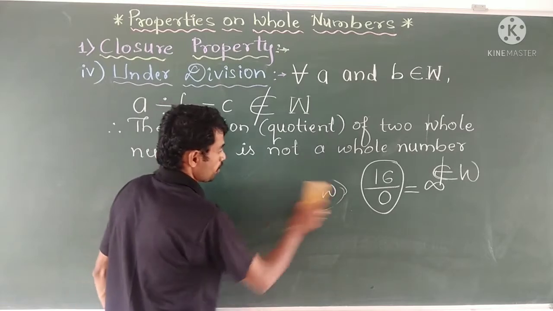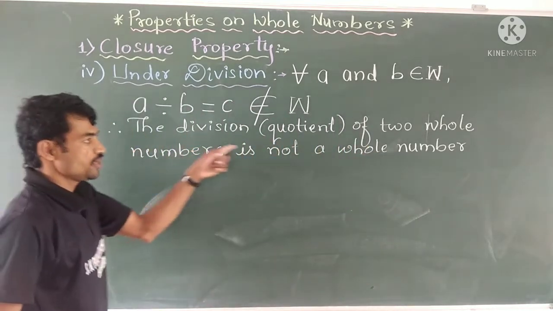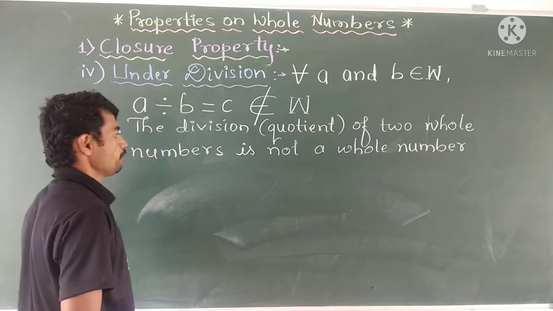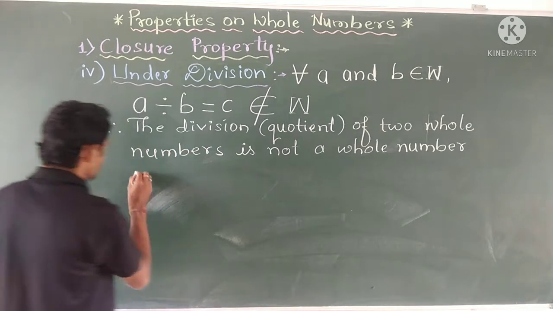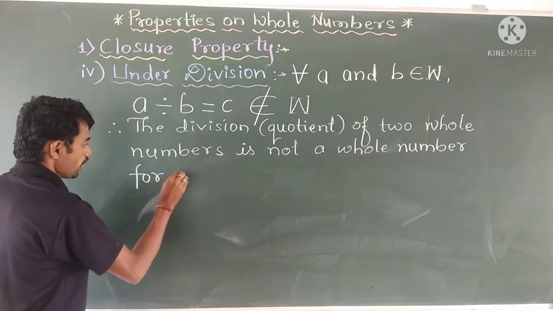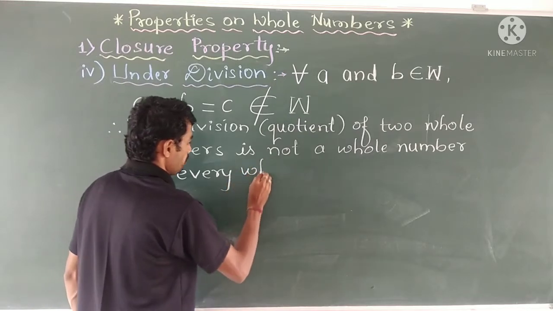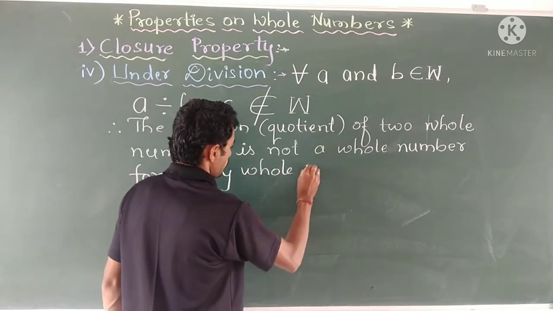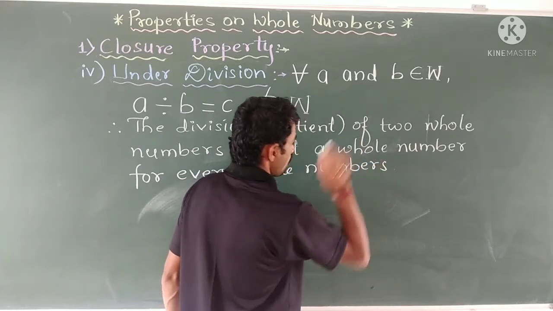So for that purpose we have to say that for every whole number, the division of two whole numbers is not a whole number.